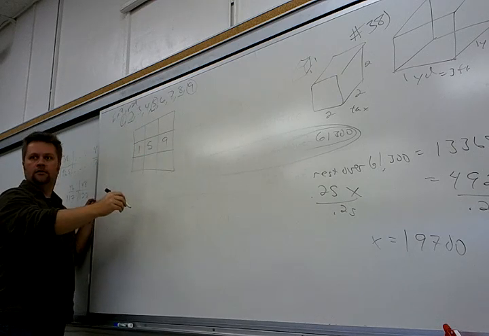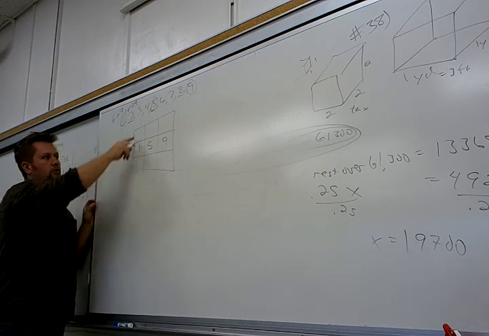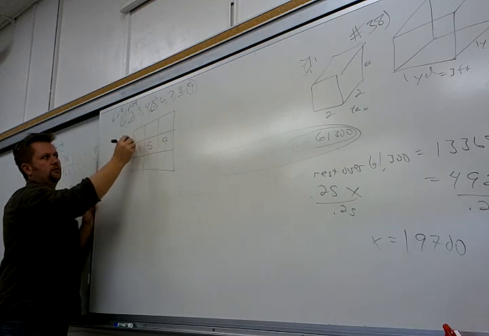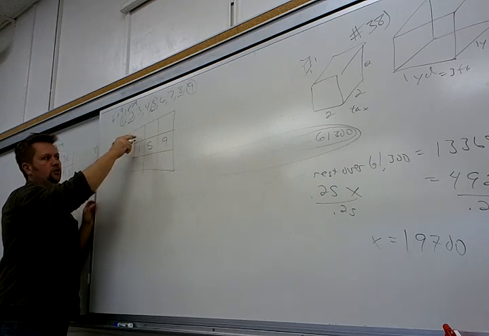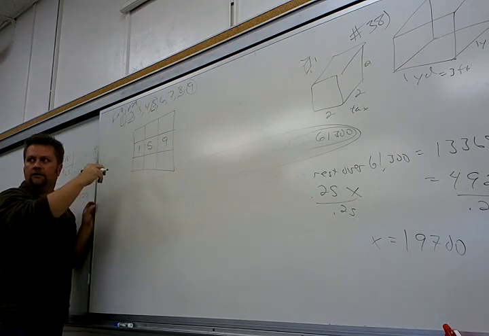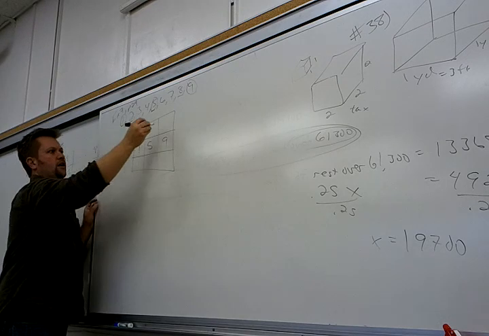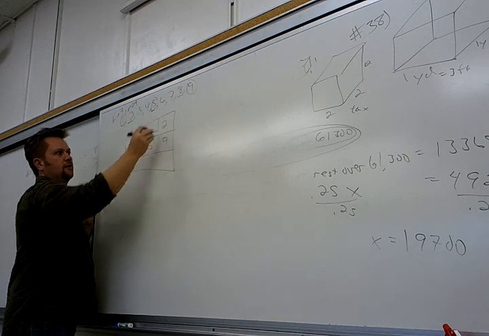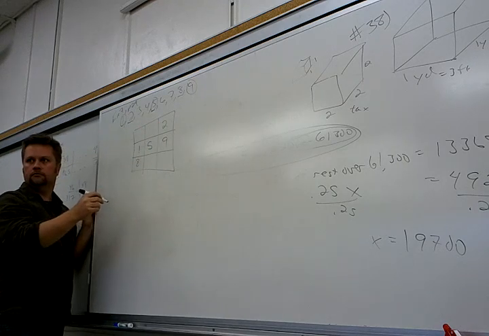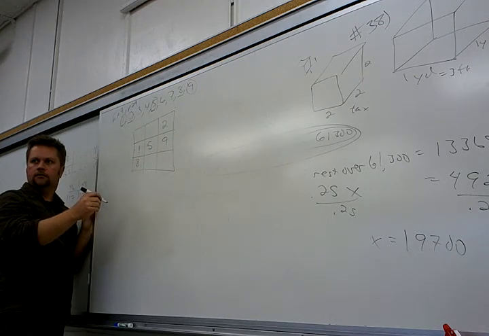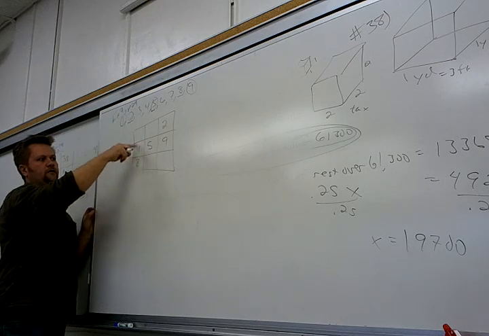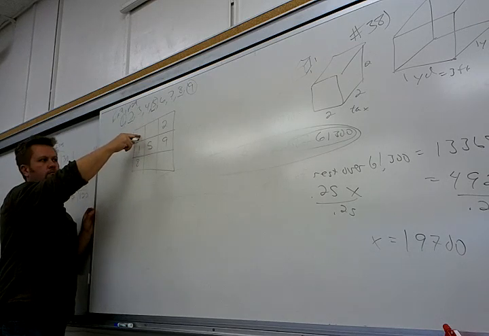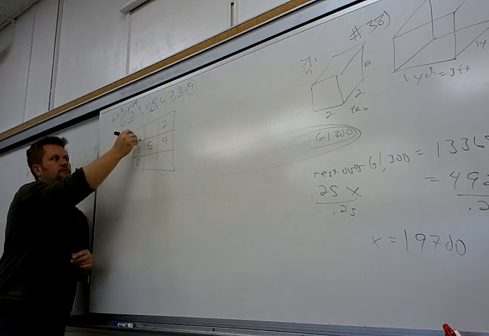That's 15, right? Now, you got to be a little careful. Do I want to put a 2 here? Because 2, 1, that's never going to make 15, right? So you got to be a little careful. So if I put 2 over here, then 8 would have to go here, right? 2, 5, 8. Then what has to go here to make 15 here? 6.